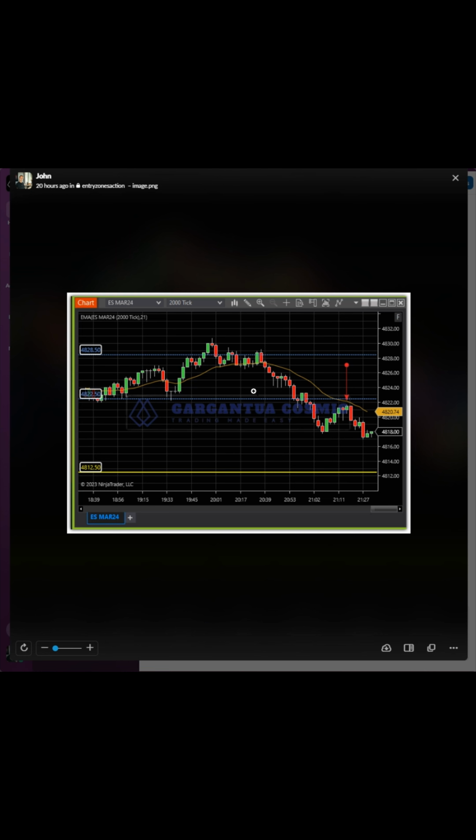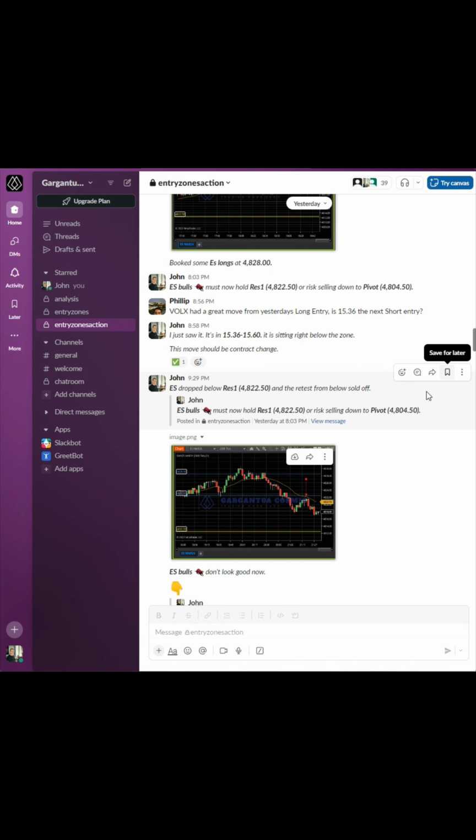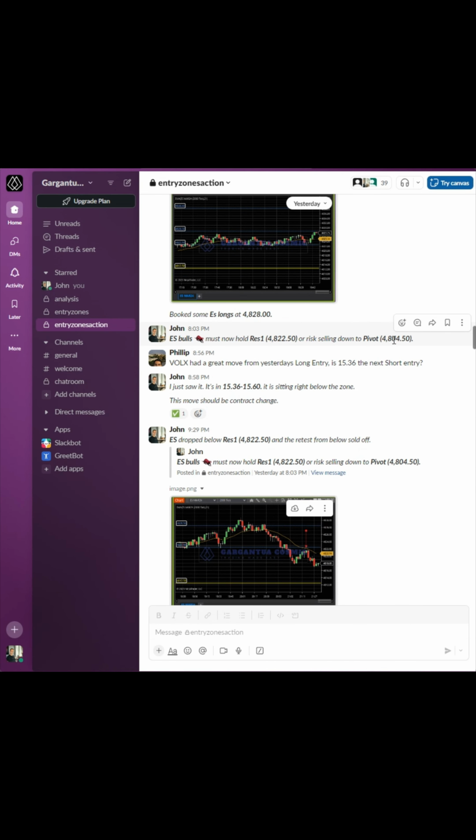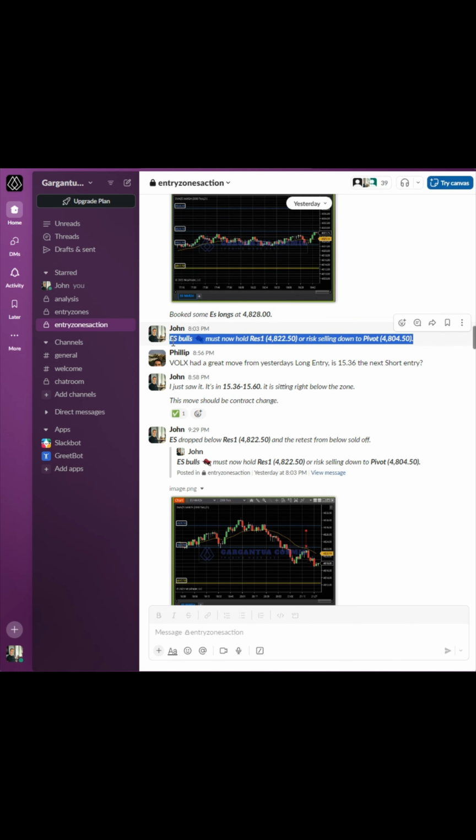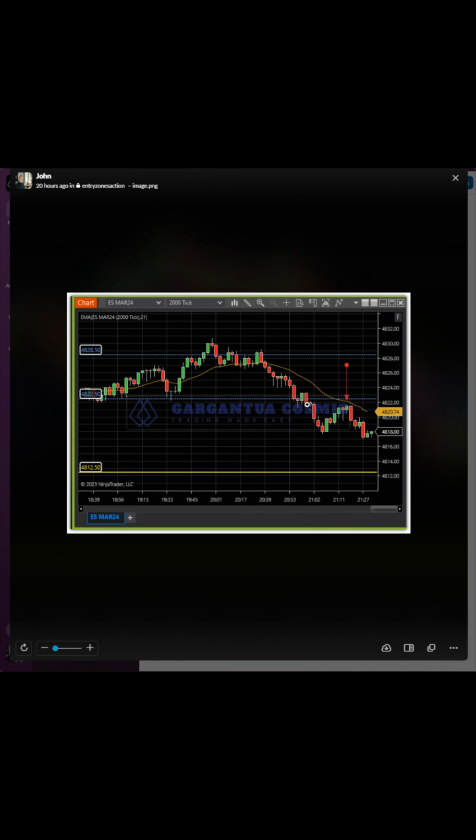We see that here it dropped below resistance 1, and note that we had said that ES bulls must hold resistance 1 at 4822.50 or risk selling down to the pivot. We see that resistance 1 broke, the index went below, and as soon as the index went 2+ points below the level, that level becomes a resistance.